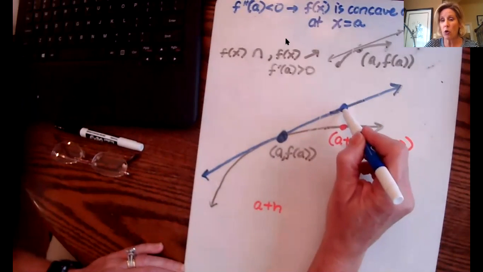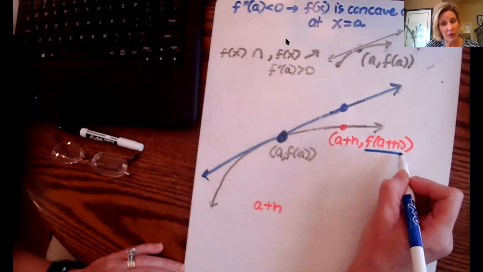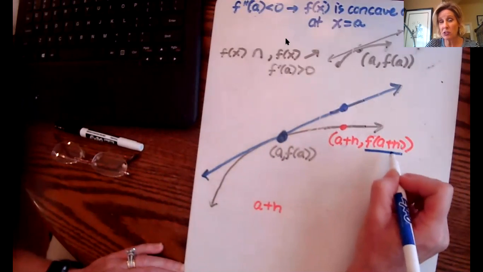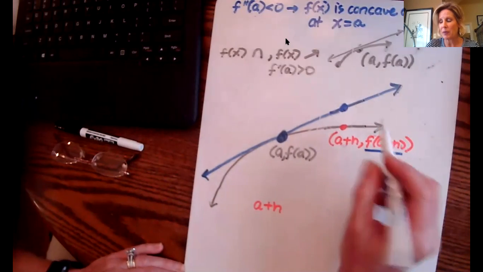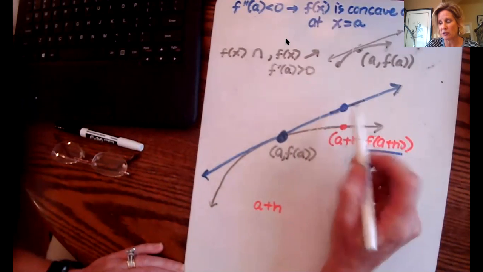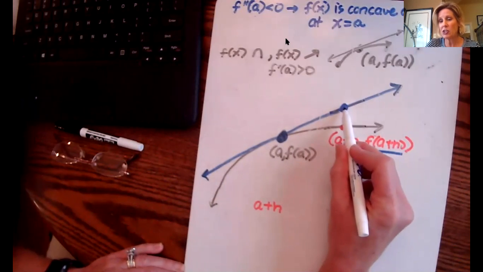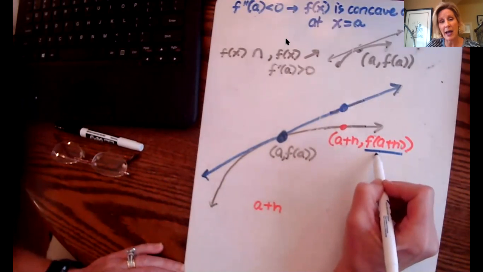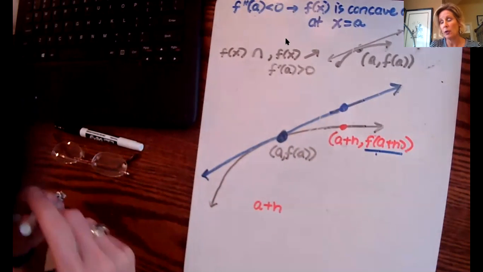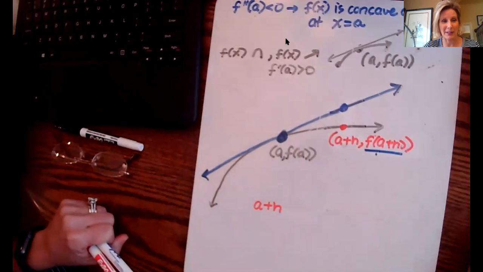So the y-coordinate of this point is higher than the y-coordinate of the point on the function. The point on the function is f of a plus h. This y-coordinate is the tangent line approximation. This y-coordinate is the function value. So the tangent line approximation is higher than the function value, meaning the tangent line overestimates the function value.